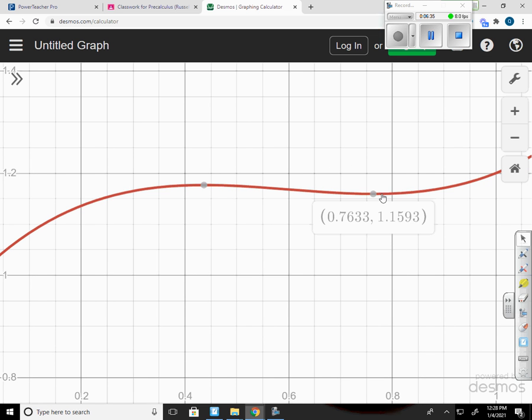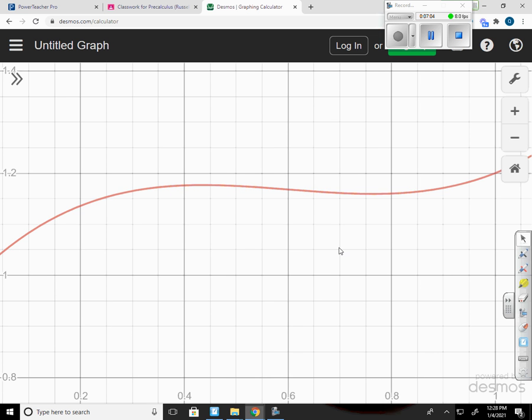If I just track along this line, if you hold your mouse down, you'll find that it's always getting higher. 1.16, whereas here it's 1.1593. Over here it's 1.1595, 7, and it's going up. So that's why this is the local min.